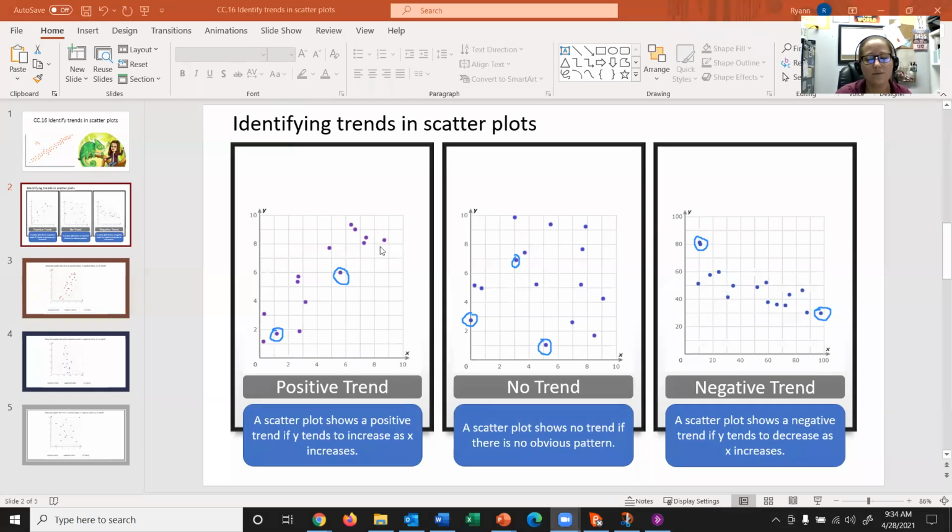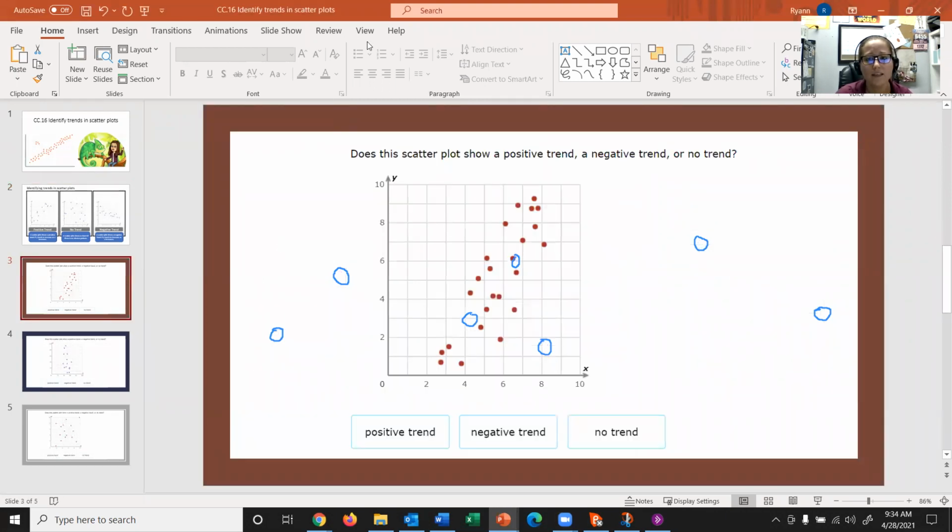Okay, let's look at some examples of this. This is just going to be looking at the data and deciding, do I see a positive trend, or do I see a negative trend, or is there really no association, no trend, nothing that I can say between the data. So in this graph, we want to know, does this scatter plot show a positive trend, a negative trend, or no trend?